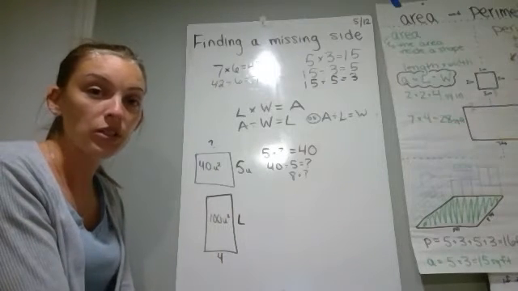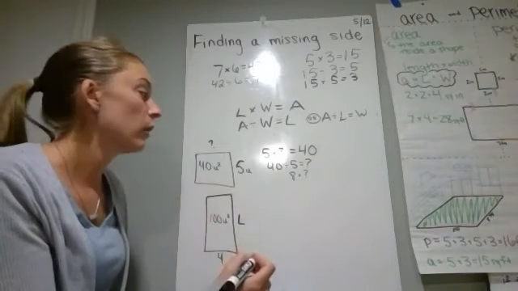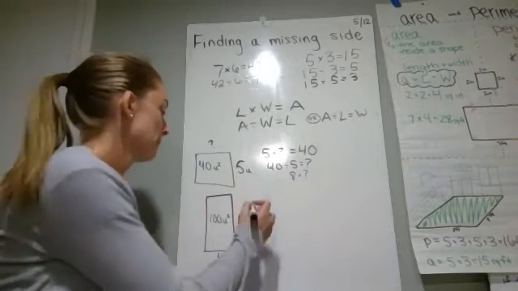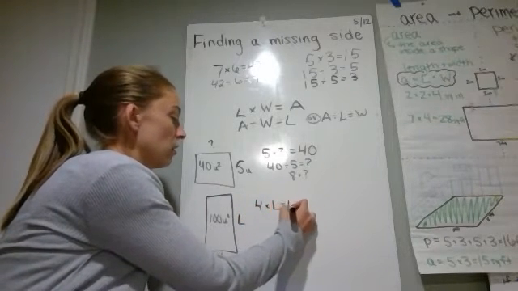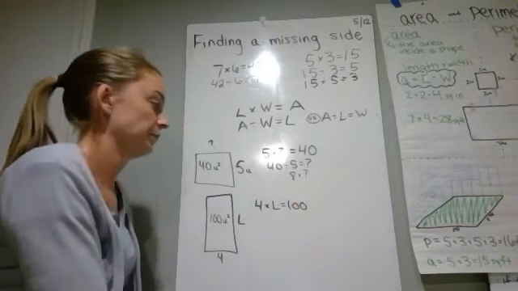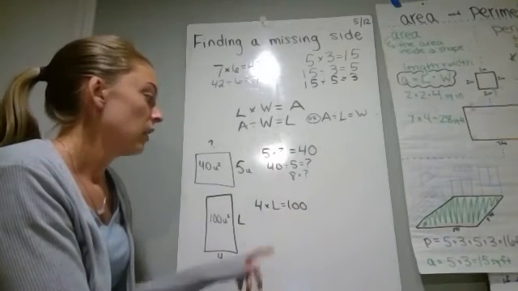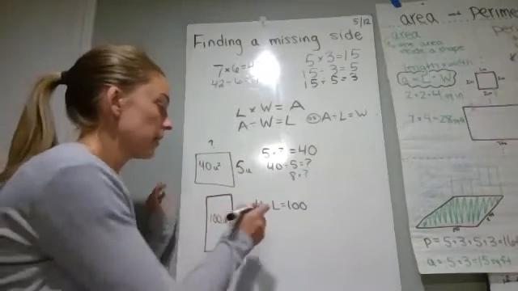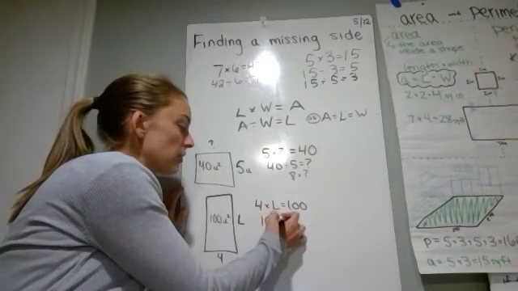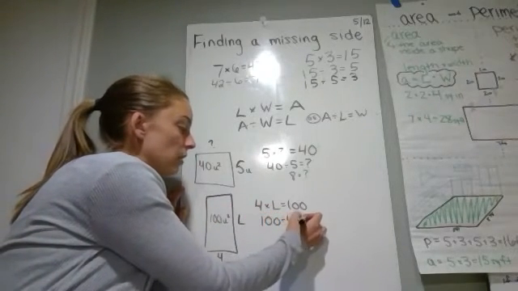The first thing we're going to do together is write out an equation using a variable. 4 times L equals 100. I don't know what L is, so I want that to be by itself, so I'm going to flip the operation. 100 divided by 4 equals L.